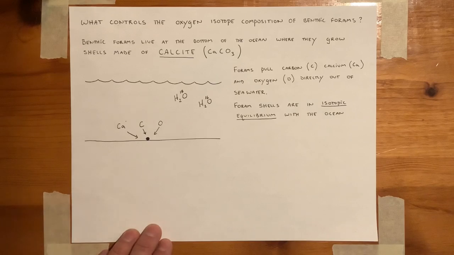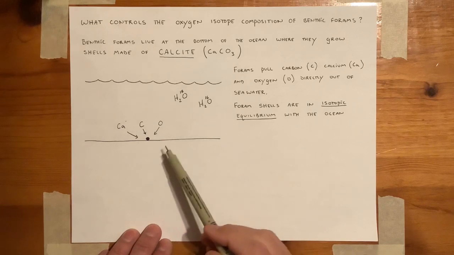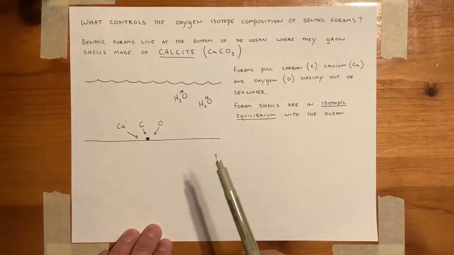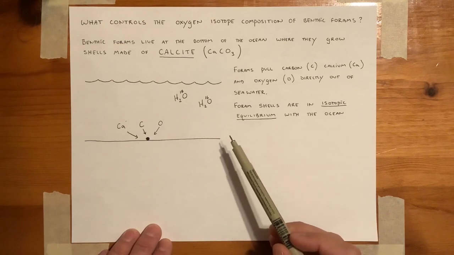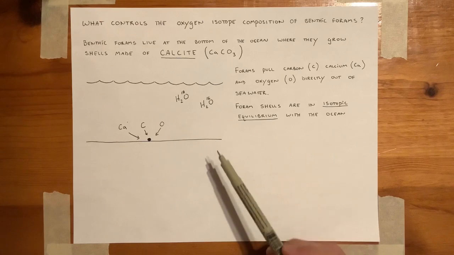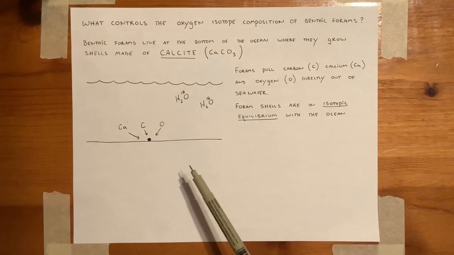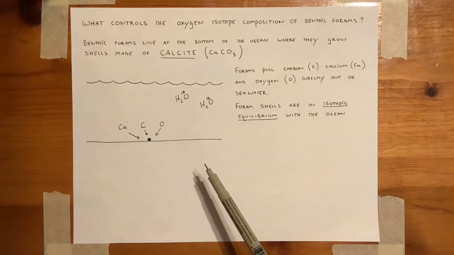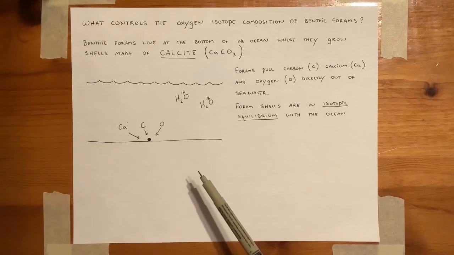Okay, so what can we do with that knowledge? What can we do with the knowledge that our foram shells are telling us about the oxygen isotope composition of the oceans? Well, there's 2 sort of complications or 2 sort of processes that we need to understand in order to make sense of that figure that shows the oxygen isotope composition of benthic forams through time.